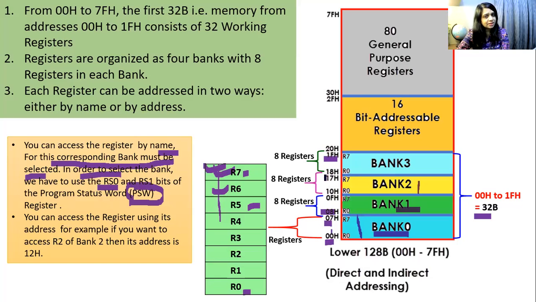If I say 17, 17 means the R7 register of bank 2. For example, if you want to access R2 of bank 2, then its address is 12H. So by using addresses also you can access this register.